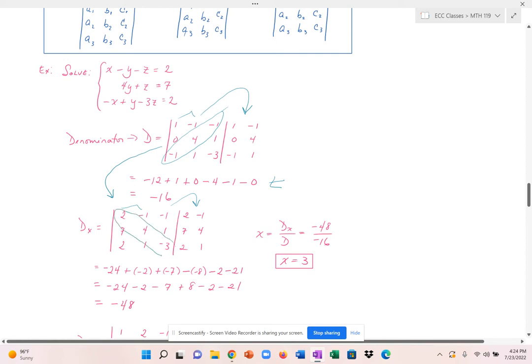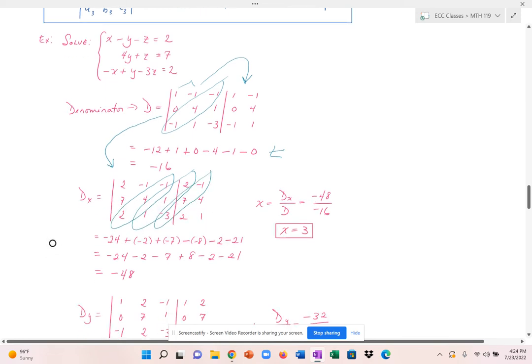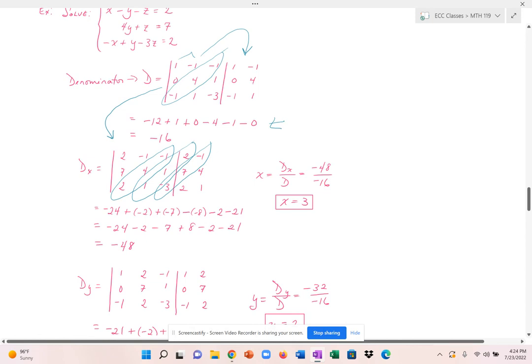So 2, 4, -3 gives me -24. Then plus -2. Then plus -7. When you go in the other direction, you have to subtract. So it's minus -8. Then minus 2. And then minus 21. That all works out to be -48.